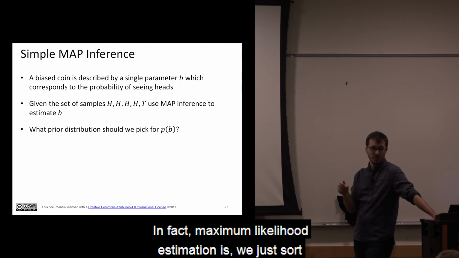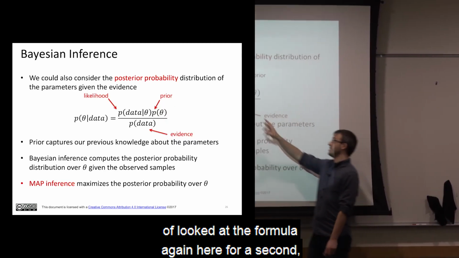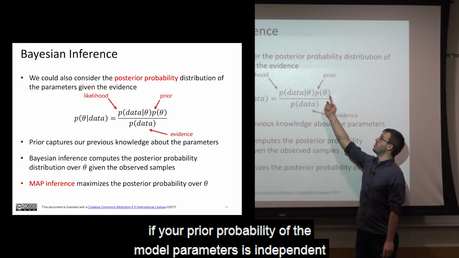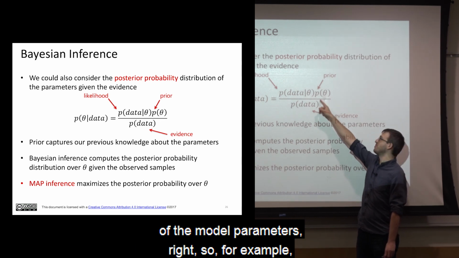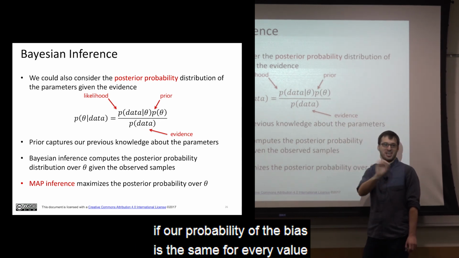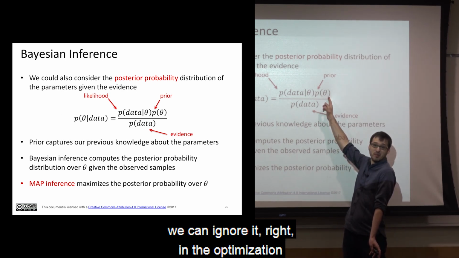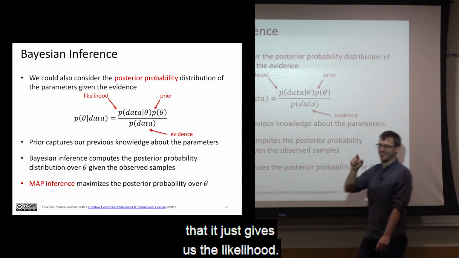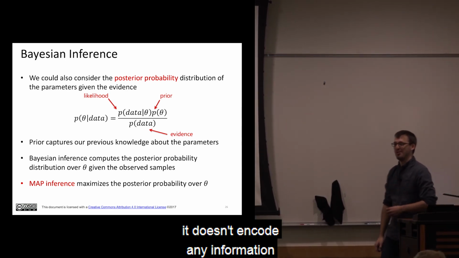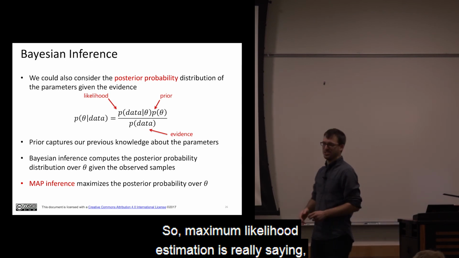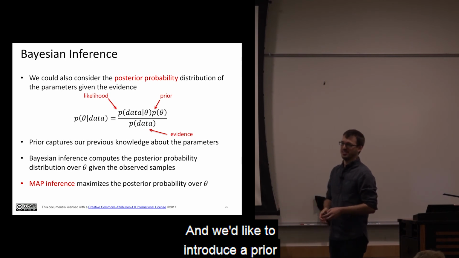If we look at the formula again for a second, if your prior probability of the model parameters is independent of the model parameters, so for example, if our probability of the bias is the same for every value between 0 and 1, then we can ignore this term in the optimization, and it just gives us the likelihood. So although that's a completely reasonable choice, it doesn't encode any information about the problem. Maximum likelihood estimation is really saying, I think everything's equal, and we'd like to introduce a prior to make things a bit unequal.